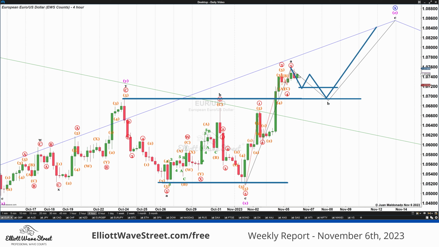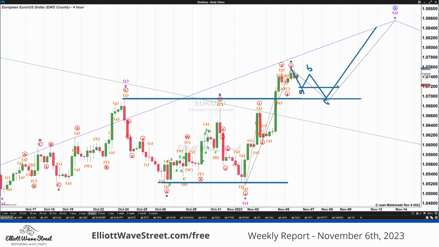The zigzag needs to be slow compared to the previous move. We are going to label the zigzag as an ABC, and we need to measure the distance between the wave A and the wave C, and it needs to be quite close to the wave A. So there is something related with momentum as well here.